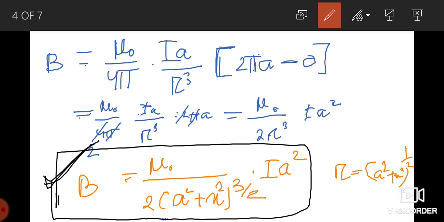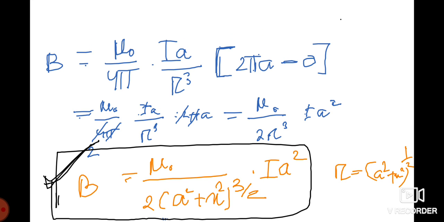We can also get the magnetic field intensity at the center of the circular coil. At the center, x is equal to 0.